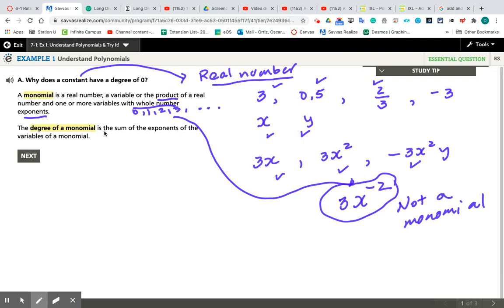Well, it's the sum of the exponents of the variables. Now, what if there is only one? Like, for example, right here. So right here, I got only one variable, and the only exponent that I know is there is 1. So this will be a monomial of degree 1. So that's what is called the degree. Basically, if there is only one variable, that will be the exponent of the variable.